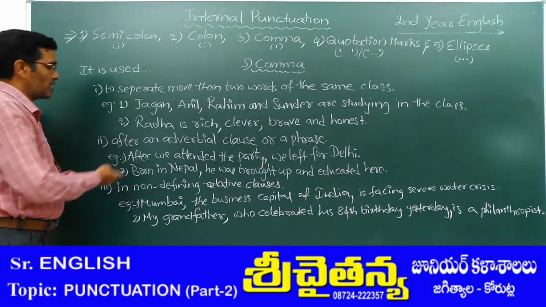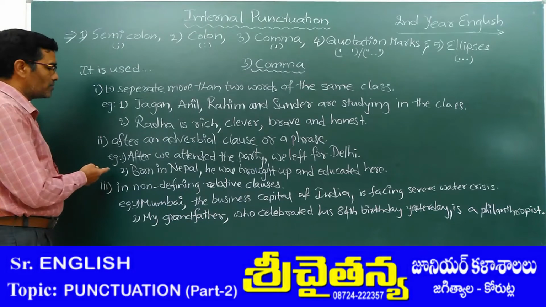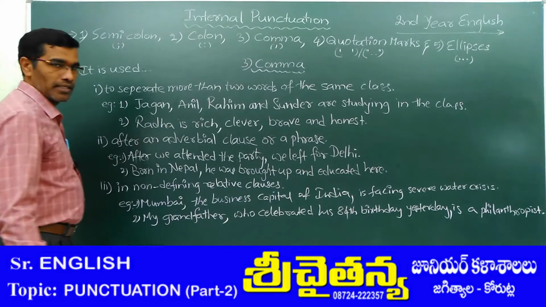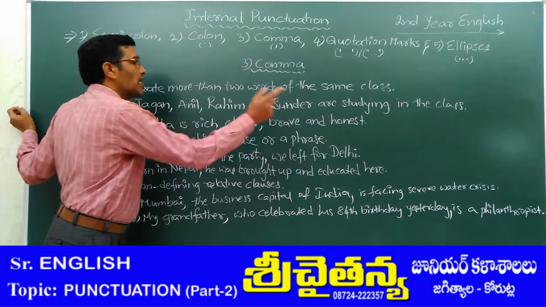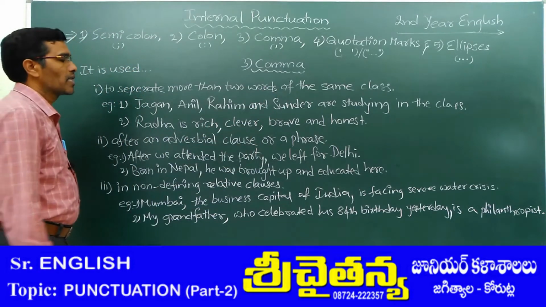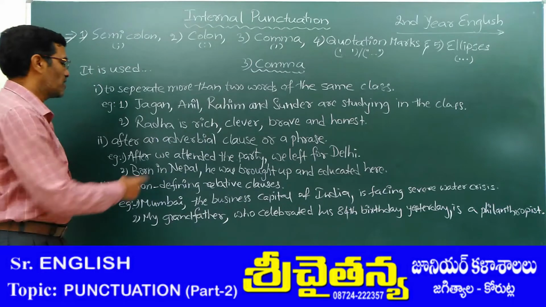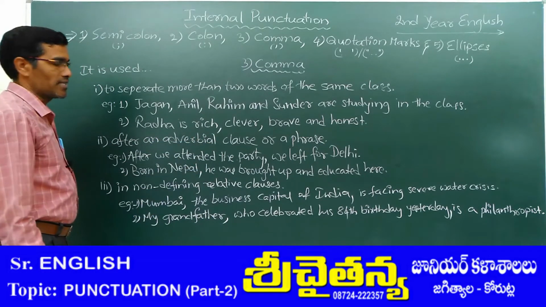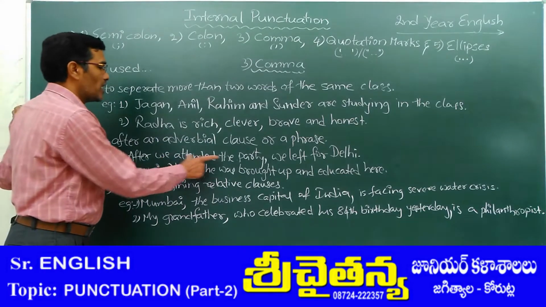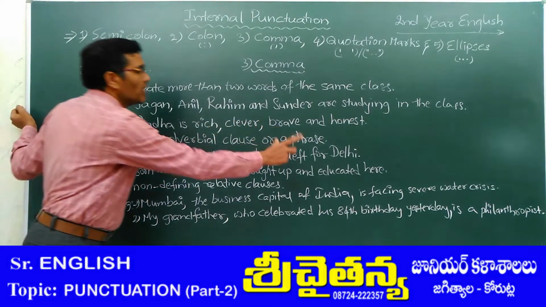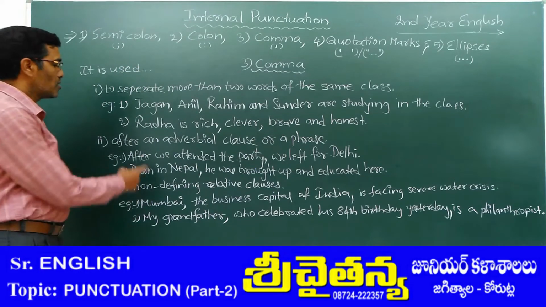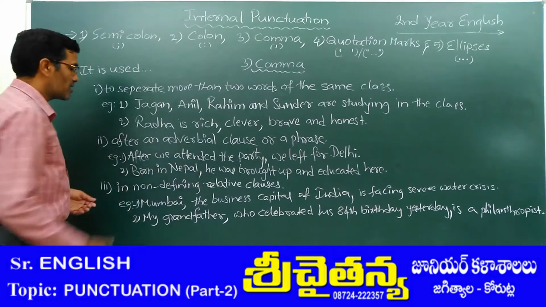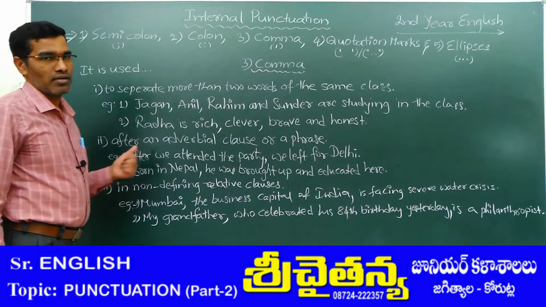Okay. See how it is. For example, after we attended the party, we left for Delhi. So in the first part, here we can find two sentences. One is we attended the party, we left for Delhi. So here, after refers to time. So we can consider this an adverbial clause.